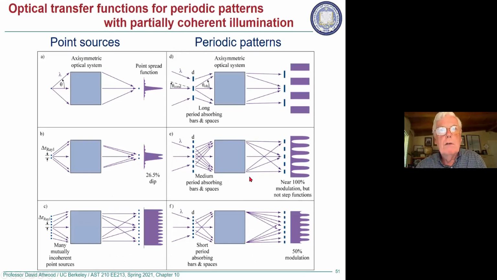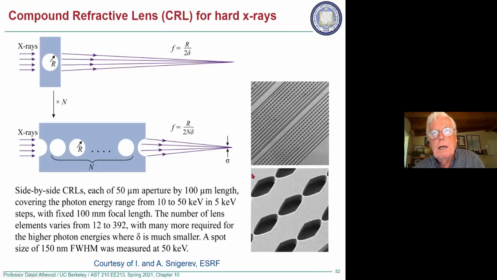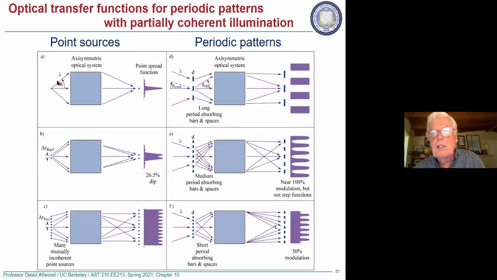Now, we are running out of time, and I don't know if I want to show this one or not. Let me just look. Yeah. This is just showing a little bit more detail about point sources, which we've just looked at before. A single point source, 2 at the just Rayleigh resolve, a whole bunch of them, so it looks like a periodic structure, or rather than a bunch of point sources, a diffraction grating, and what does it look like?